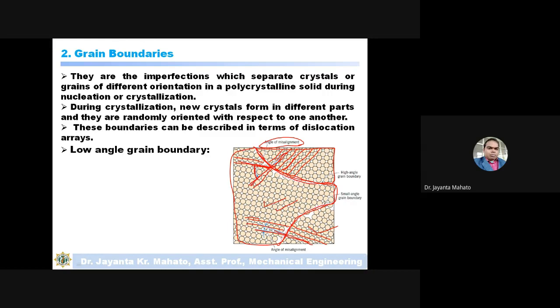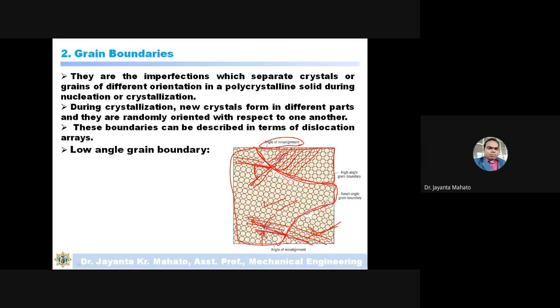So the misorientation angle of the arrangement of atoms in this grain with respect to this grain is nothing but this angle. So this is the misorientation angle.